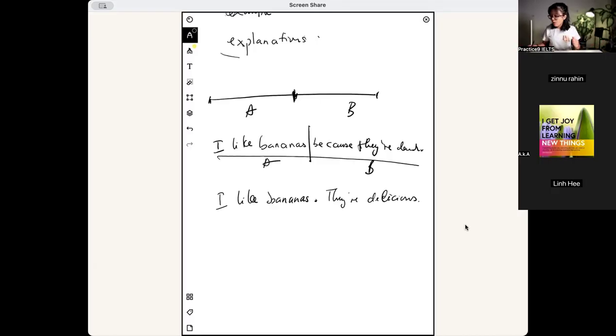After you write down 2 sentences like this, read it again and ask yourself if you can combine any of the sentences into one. So, can you combine this? Of course. Adding because. Then you can write it. Okay.